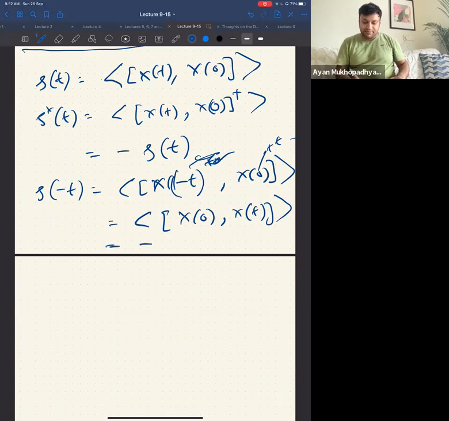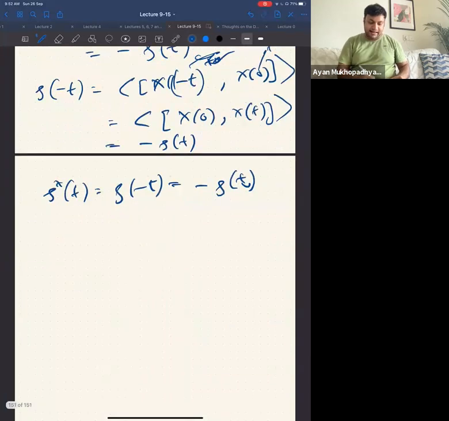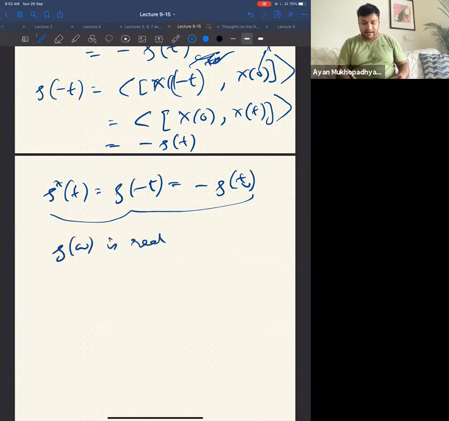But this is nothing but minus rho of t. So we get the following: rho star of t is equal to rho of minus t, which is equal to minus rho of t. This is the general property of this thing. And all of these, if you put together, will also imply that rho omega is a real and odd function.